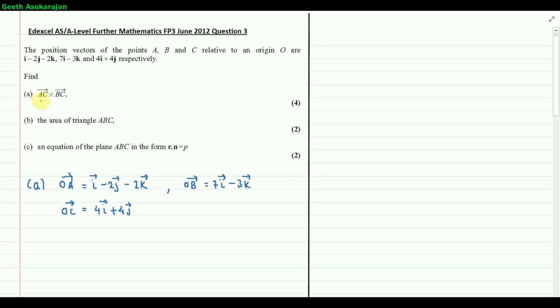Now let's calculate the vectors AC and BC first. To work out AC, AC would be OC minus OA.